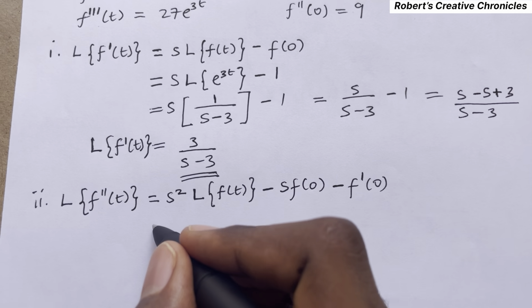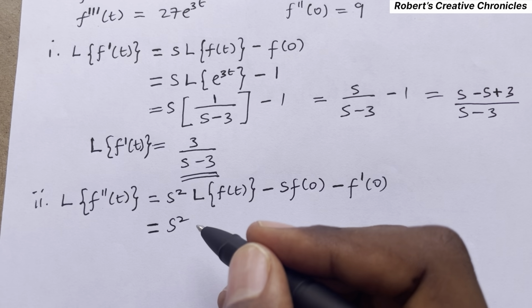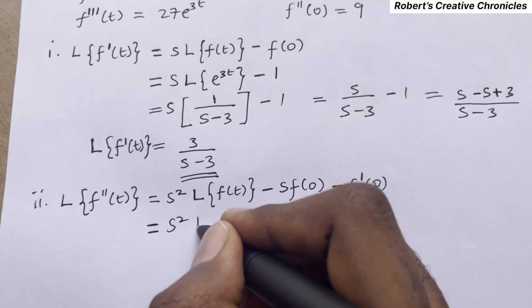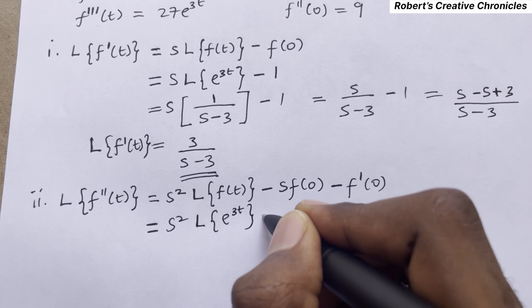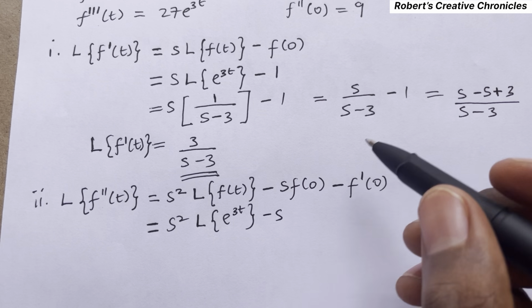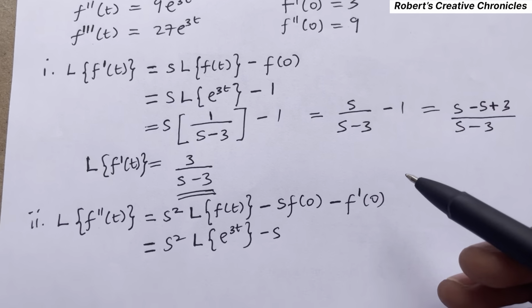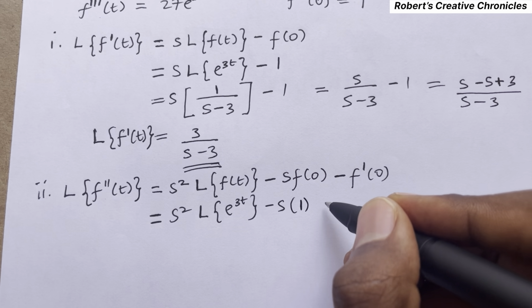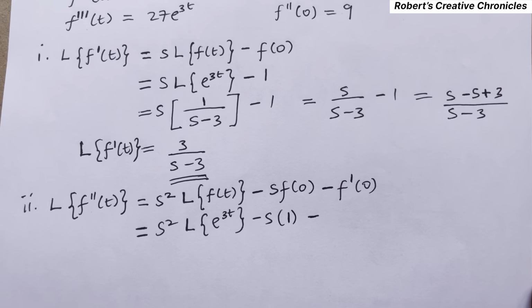So now let's substitute into this. This becomes s squared times the Laplace transform of e^(3t), minus s times f(0), which is 1, minus f'(0), which is 3.